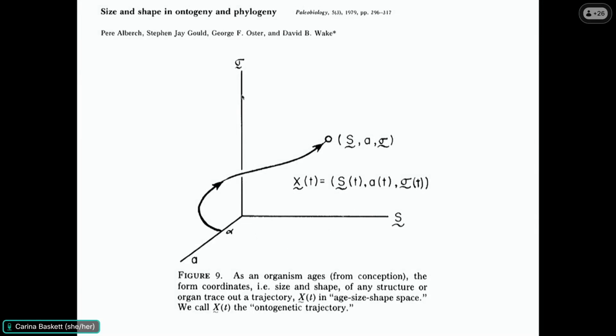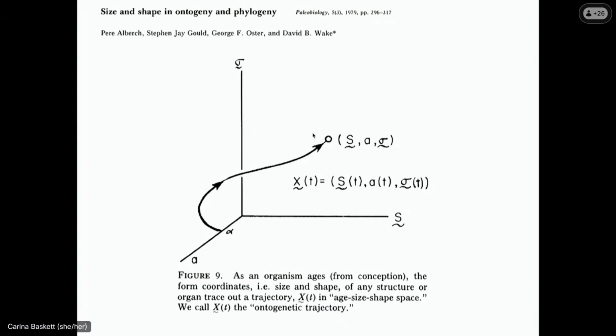Shape is, of course, some hugely multivariate, complicated thing, but we can imagine compressing it down to one axis for visualization here. In this case, a single individual's phenotype is this trajectory through the age, shape, size space that gives us at the end some kind of adult phenotype. But to get to this point from the starting point, there is some shape that it follows through time.